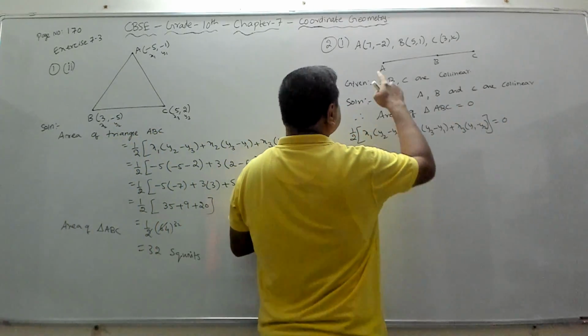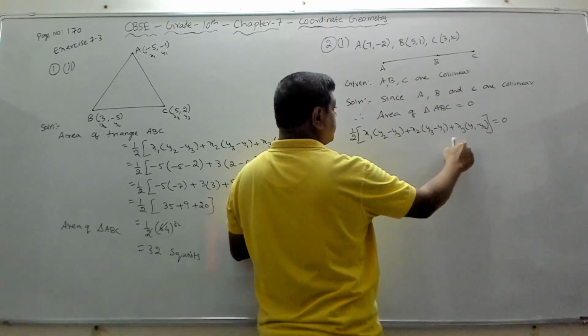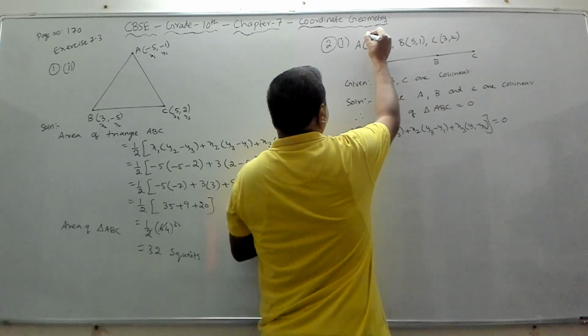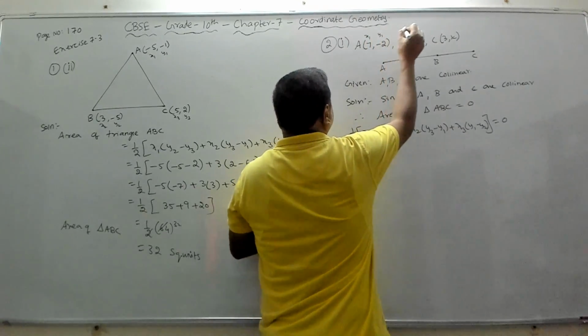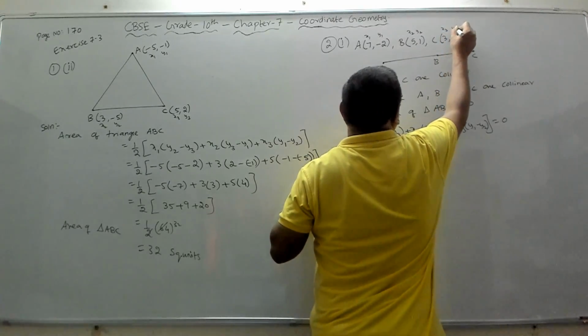Now we need to substitute the given points here, and then we should find the value of K. So A we can take as x1, y1, this as x2, y2, this as x3, y3. Right?